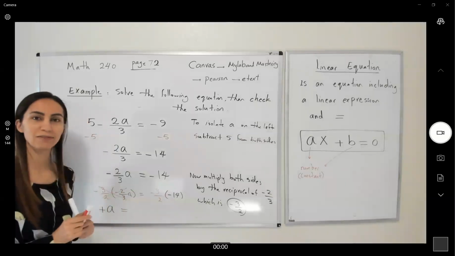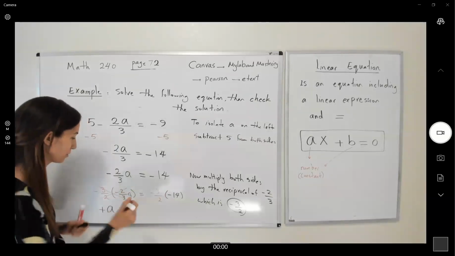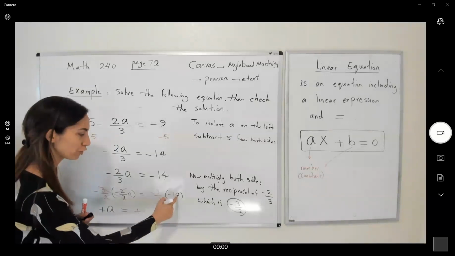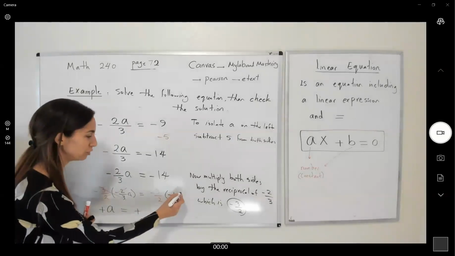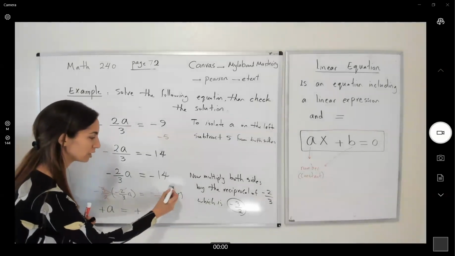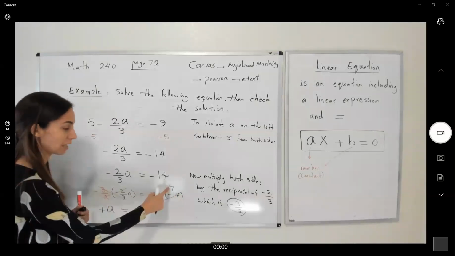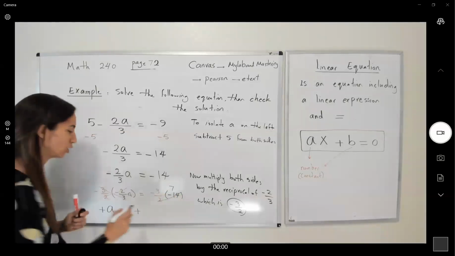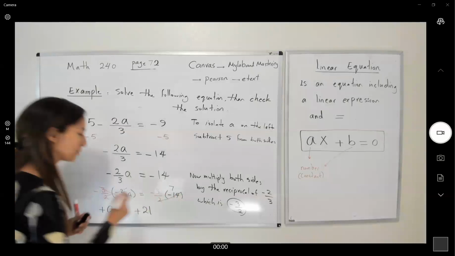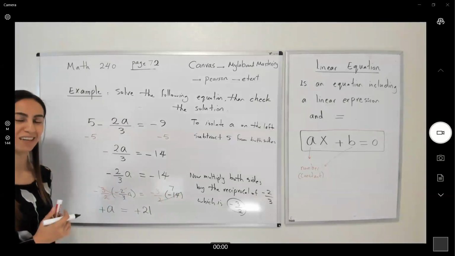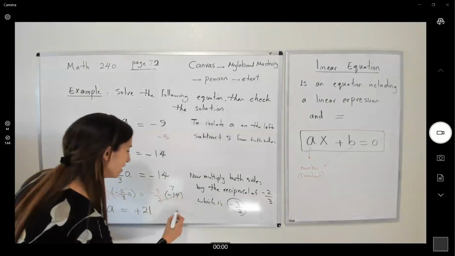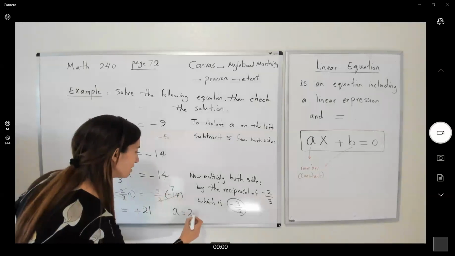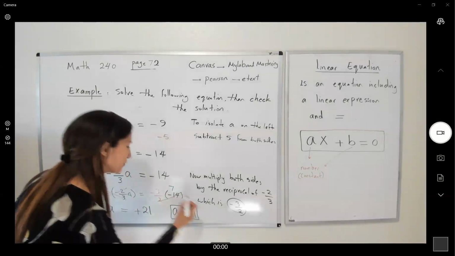Negative times negative is positive. 14 divided by 2 is 7. 7 times 3 is 21. So your variable a is equal to 21.